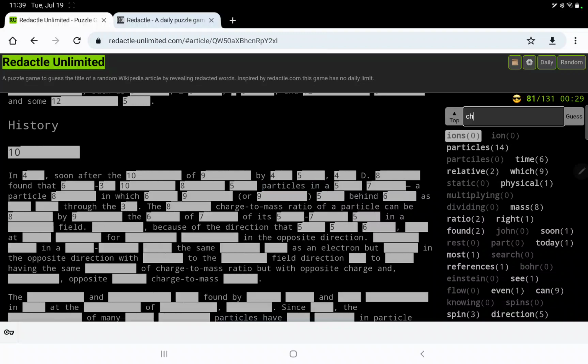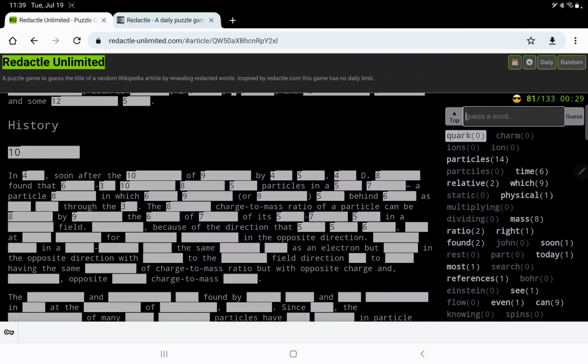No. How about charm? Quark? No. How about right? Oh, I did right. Left? Nothing left.